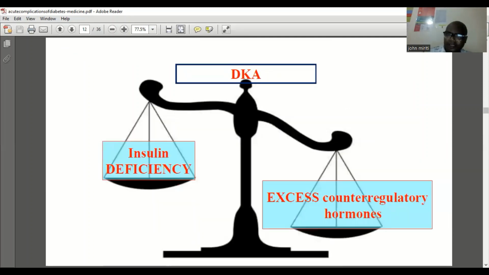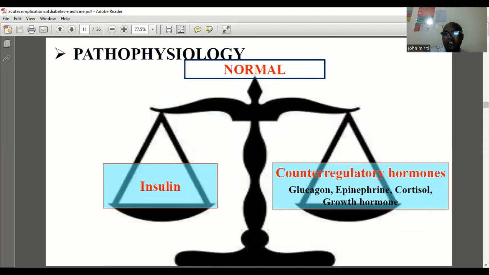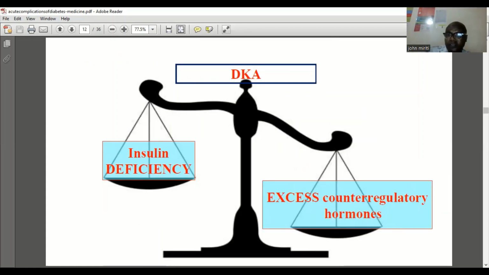Now, in a DKA, in a diabetic ketoacidosis type of patient, there is no insulin, so there is excess production of these counter-regulatory hormones, which are glucagon, epinephrine, cortisol, growth hormone, and also the thyroid hormones also play that role.